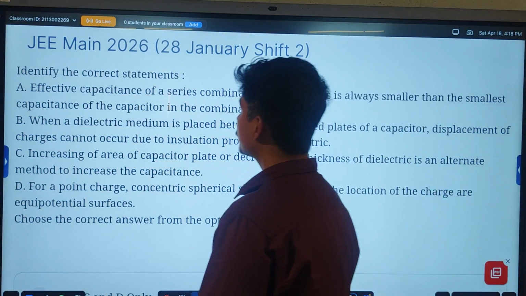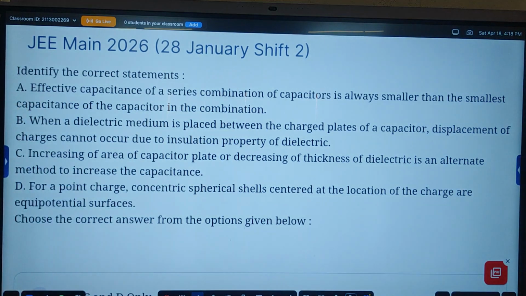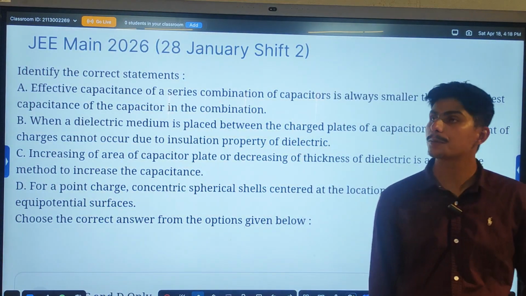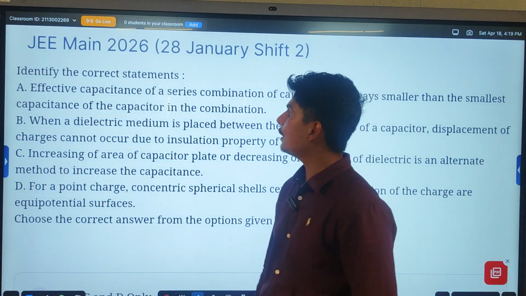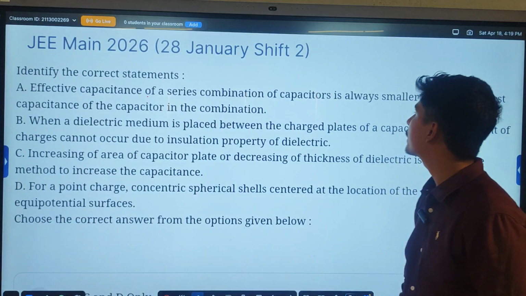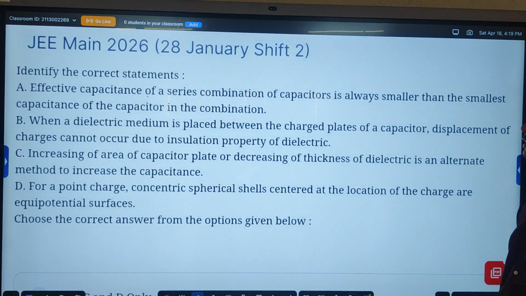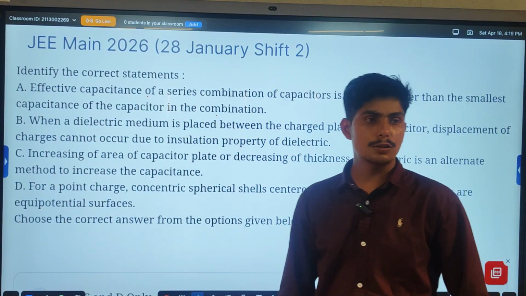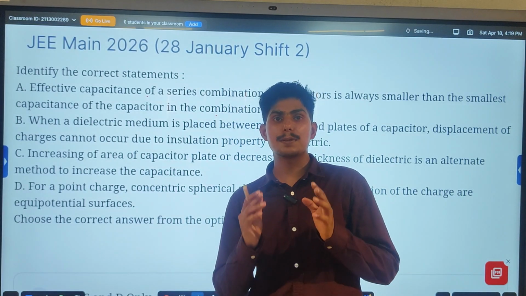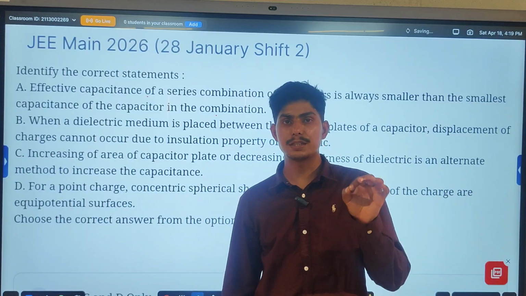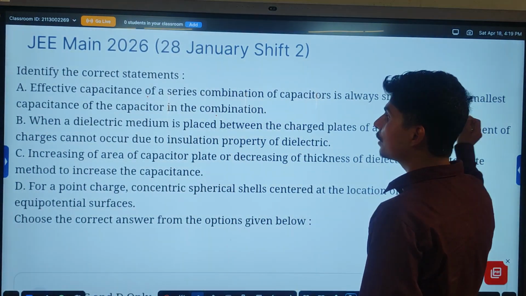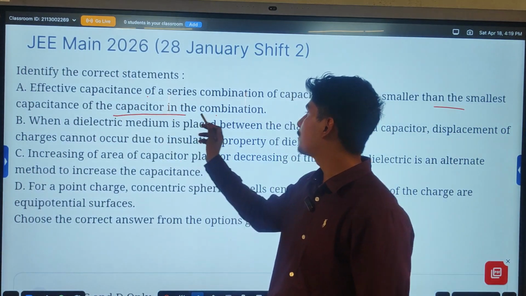Now coming to the next question. In this question, they have given some statements, and you have to write the correct statements. Statement first: the effective capacitance of a series combination of capacitors is always smaller than the smallest capacitance of the capacitors in the combination.